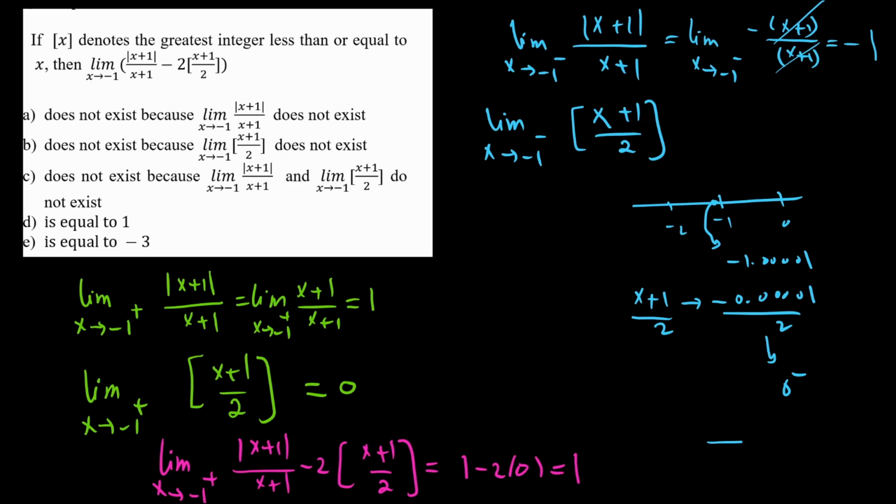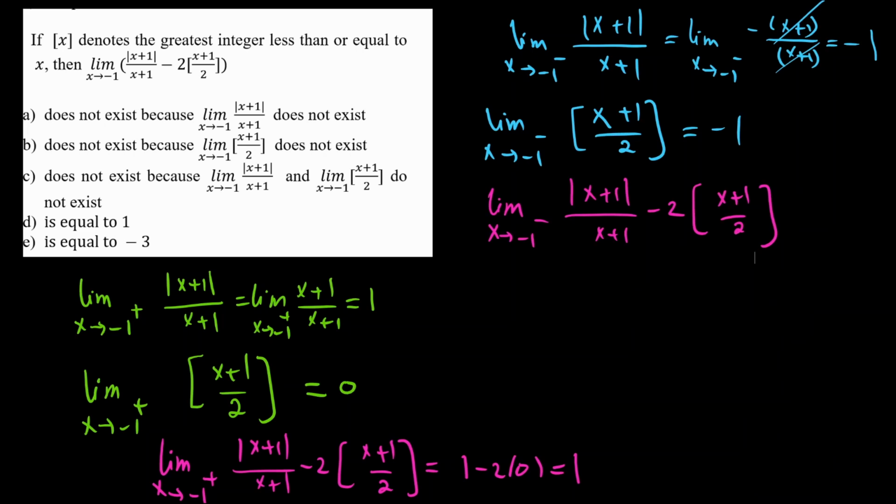So this is 0, this is minus 1, and this is 1, and you're talking about numbers to the left of 0 here, and since this is not an integer, we will pick up the very first integer to the left, and therefore the answer to that is just minus 1. And therefore the limit as x goes to minus 1 from the left will be equal to minus 1 minus 2 multiplied by minus 1, which is minus 1 plus 2, which is equal to 1.